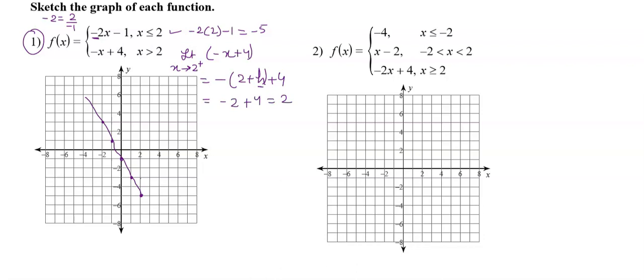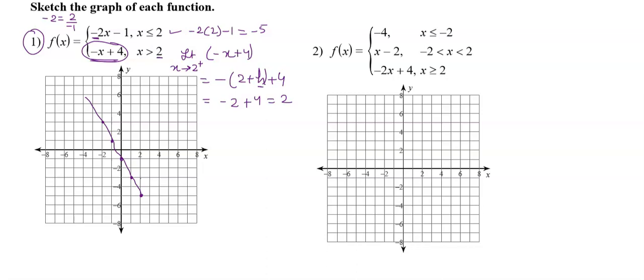If you have not understood that, don't worry. You are just supposed to put the x value 2 in this function to find the y value. Don't worry about the limit if you have not understood. So when x is 2, this function is also 2, right? When I put x as 2 here, we get minus 2 plus 4, which is 2.